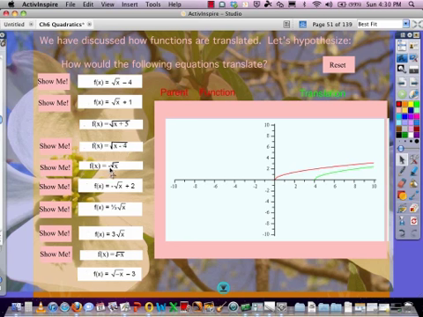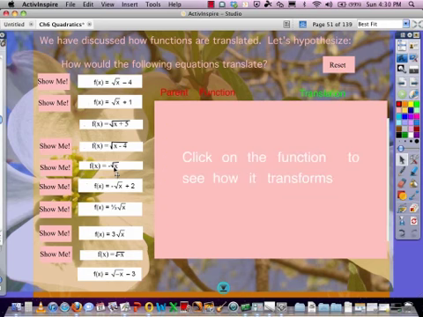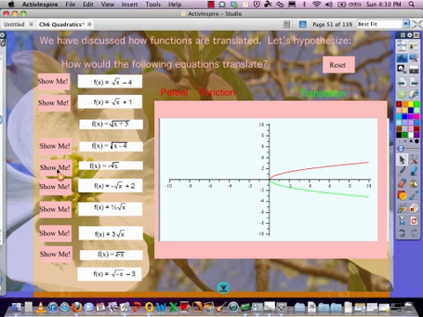All right, the next difference is that negative out front we talked about before. So let's reset. And we know our parent graph is going to go out there. And with that negative out front, what happens? It reflects it over the x-axis. So on this next one, you should be saying, well, it's going to be that reflection, but it also has that +2. What were we doing when we had movements outside of the x?